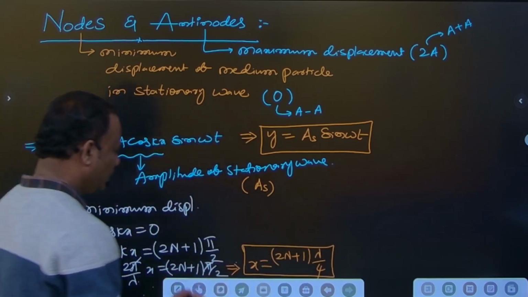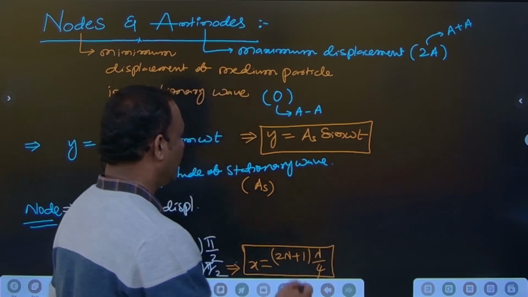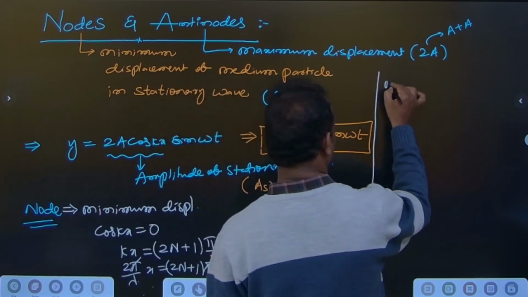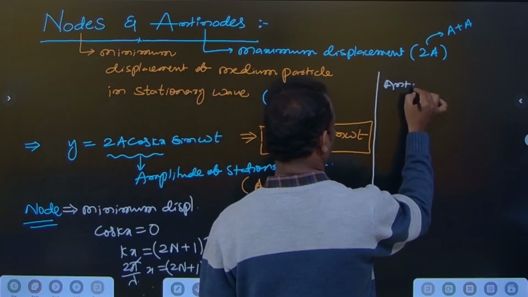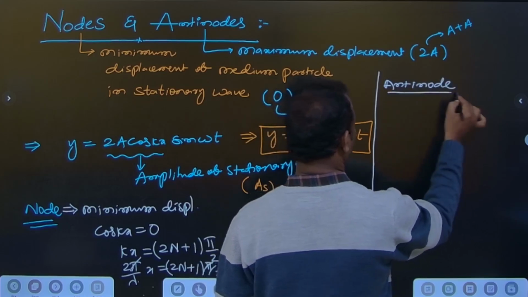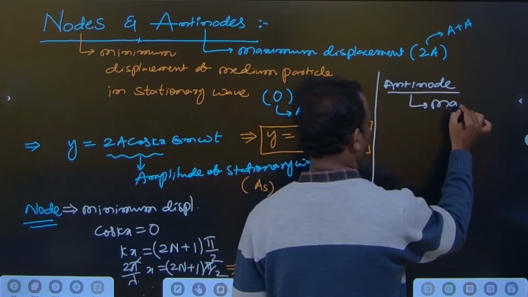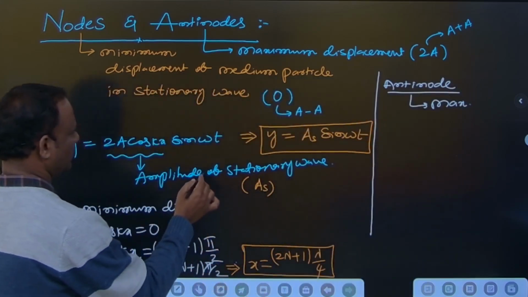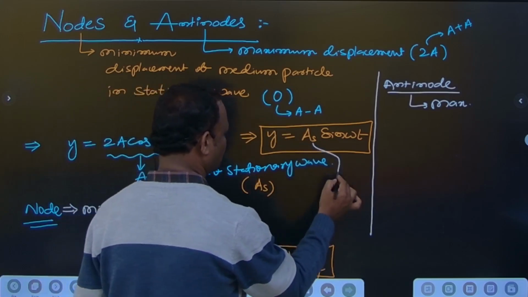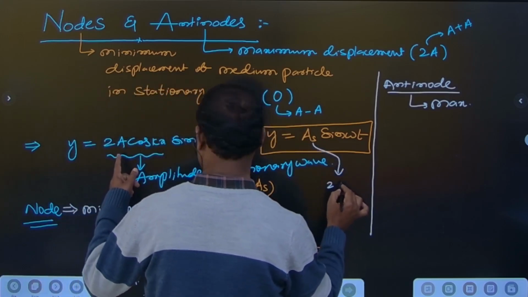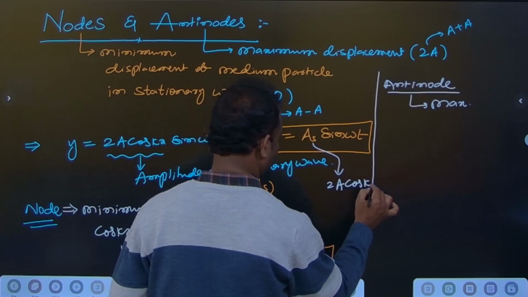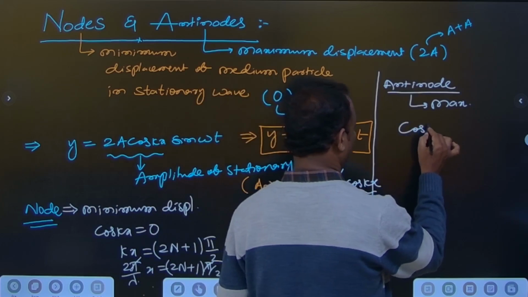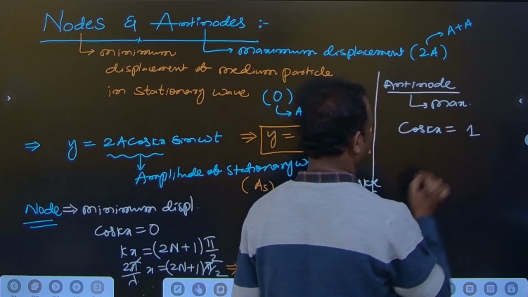Next I'll show that graphically. Before that, this is the node; the next one is the antinode. So what is an antinode? Maximum displacement. Here A_S means 2A cos kx, so cos kx must be maximum, that is cos kx equals 1.